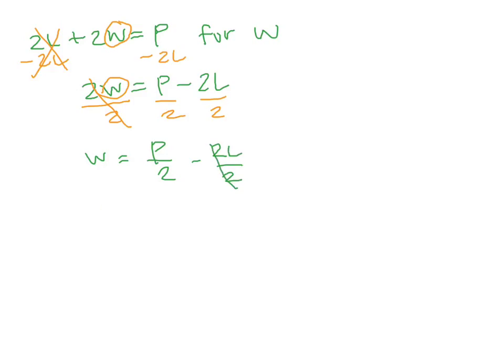And we can cancel out those 2's and say P divided by 2 minus L. Another way you could write it is 1/2 P minus L. And we can write it as 1/2 because there's that invisible 1 in front of P right now. So you'll see that the fraction is 1/2 times P. So either of these last two is considered correct.